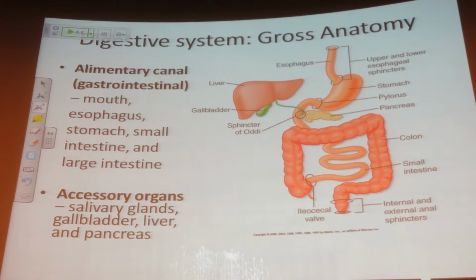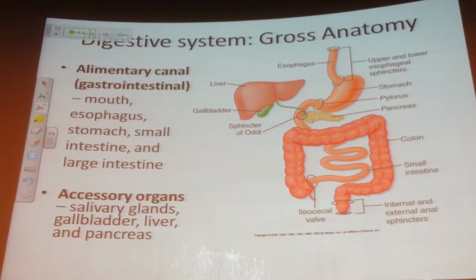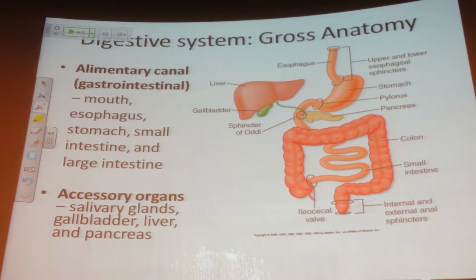There are also some accessory organs associated with our GI tract. Those help by releasing either enzymes or bile to aid the digestive and absorption functions.